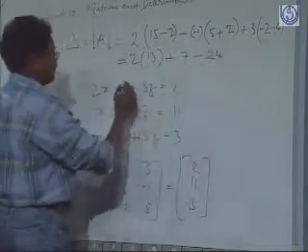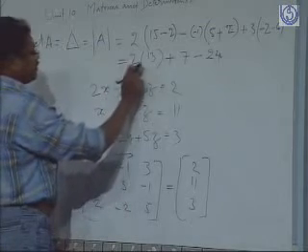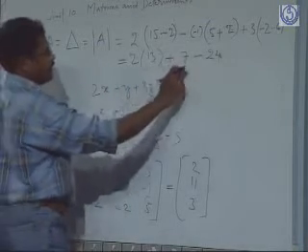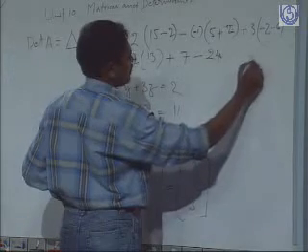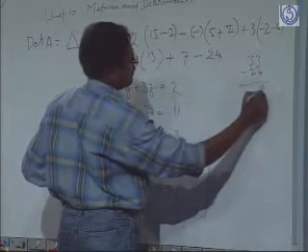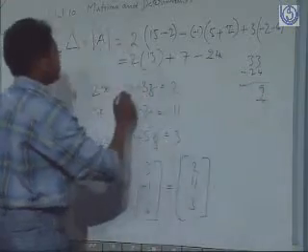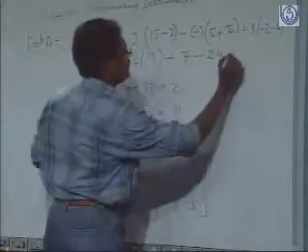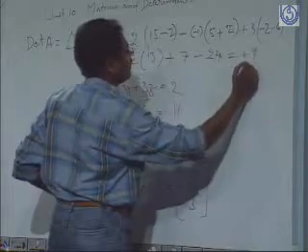So how much are we getting? This is 26 plus 4 is 30, plus 7 is 33, minus 24, that is 9. Only 9. So the determinant delta is plus 9.